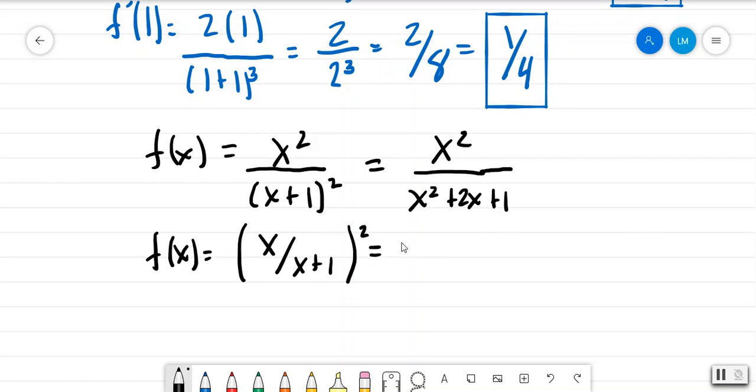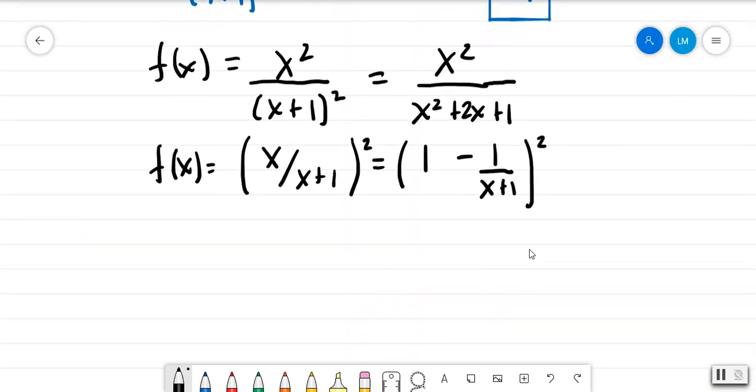Well, that can be rewritten as 1 minus 1 over x plus 1, and all of this would be squared. Now, the reason that I'm saying that is that basically you can still apply the chain rule, but it would be a lot faster in the sense that if you remember, we can look at this and say that the derivative of this is just positive 1 over x plus 1 squared.